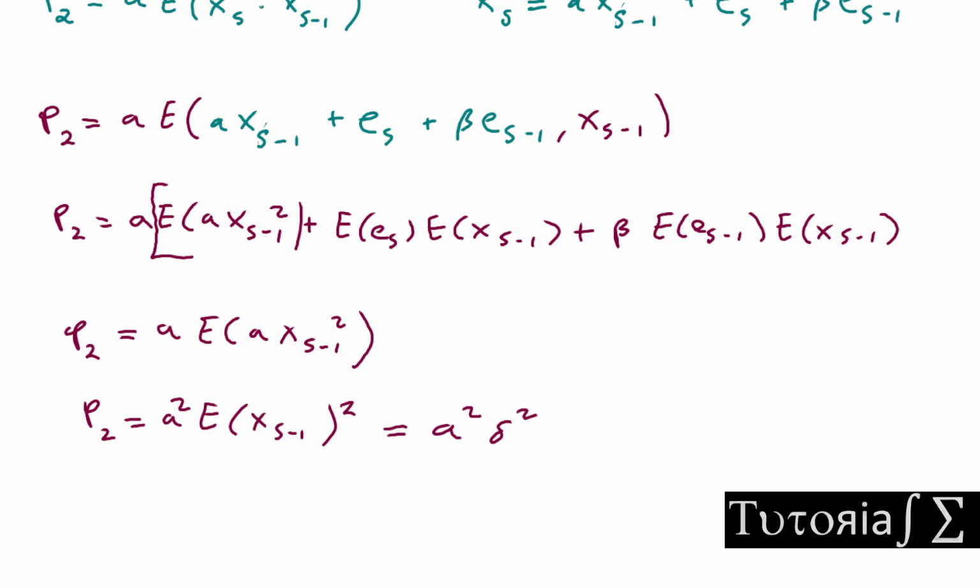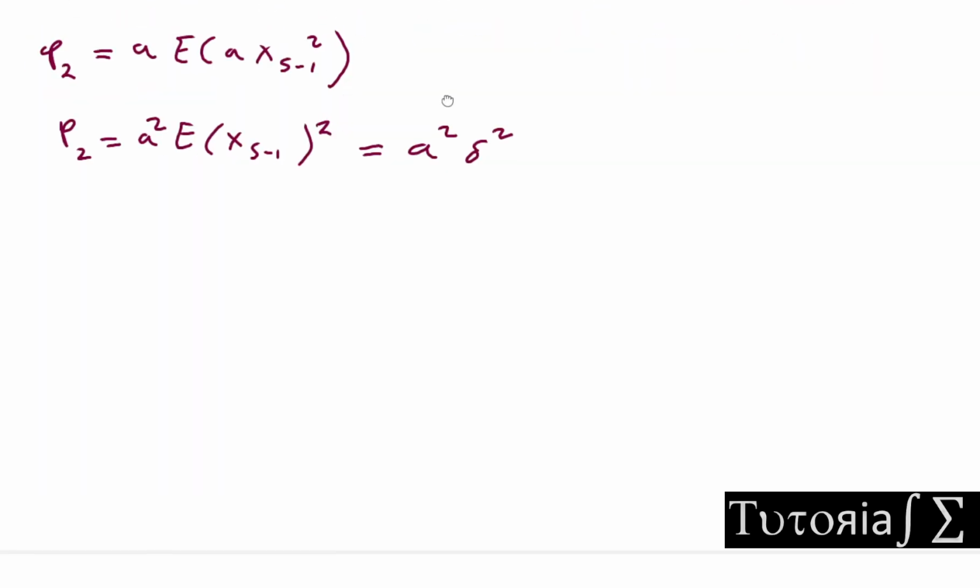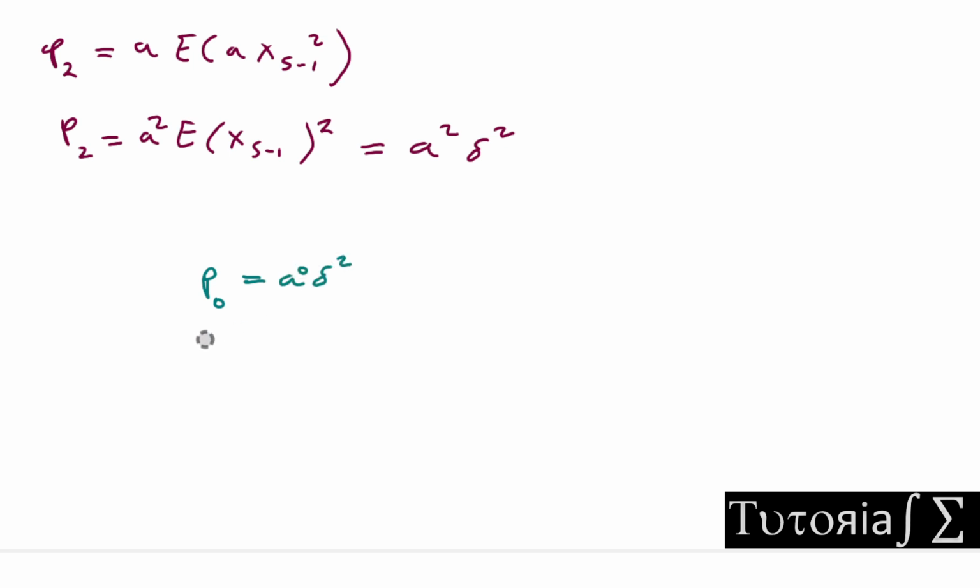All right. So now we look at the trend. So row 0 was equal to a to the power 0 times the variance. Row 1 was equal to a to the power 1 times the variance.